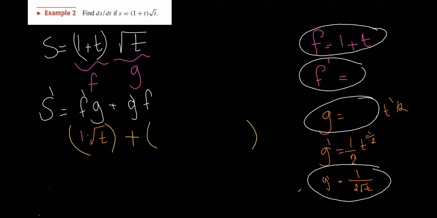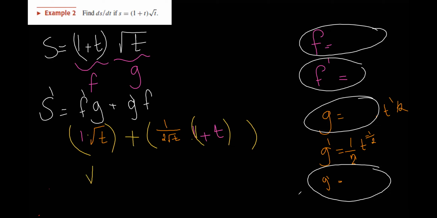I bring now g prime, which is 1 over 2 square root of t, times f. Where's f? It is 1 plus t. So now, this is my derivative.